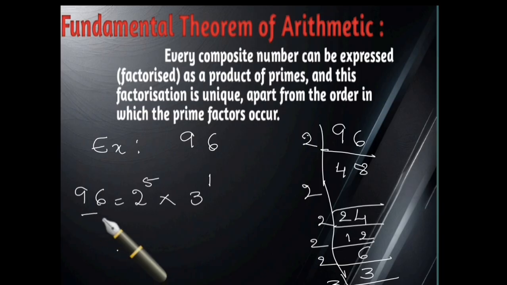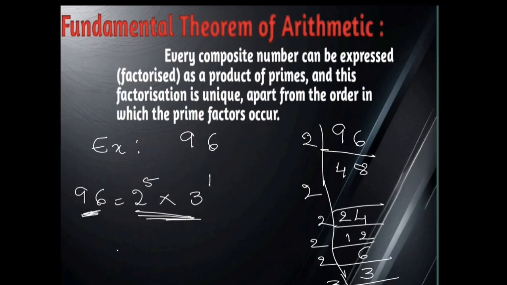This is the composite number, right? This composite number is expressed as a product of prime numbers. It can be factorized using prime numbers, it is a multiple of prime numbers, right? The statement says that every composite number can be expressed as the product of primes.